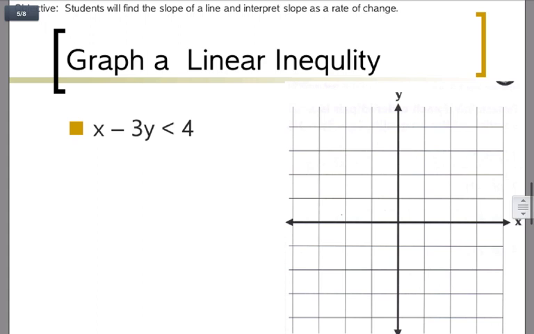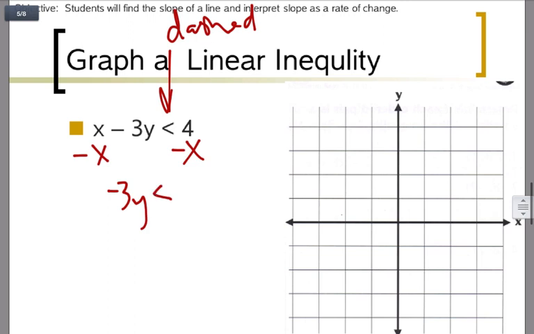So here's another example. This one is less than, and it's not equal to, so we're going to get a dashed line. But we actually have to be careful as we're solving because it's not going to just stay less than. First thing I want to do is subtract my x, and I get negative 3y is less than negative x plus 4.